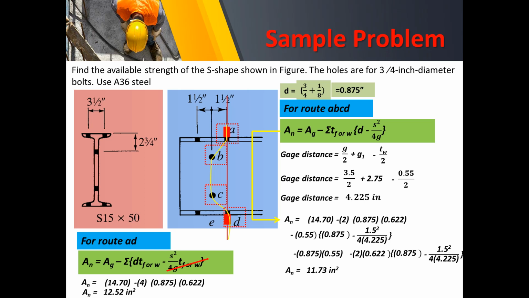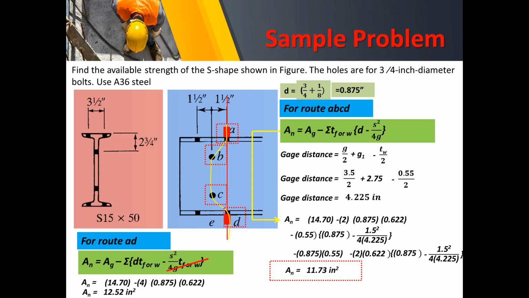Now take note that our requirement on this problem is actually the available strength of the S shape. So we are quite familiar in computation of the available strength if we know the effective area. So at this moment, we are going to choose between the root AD and root ABCD of the net area.